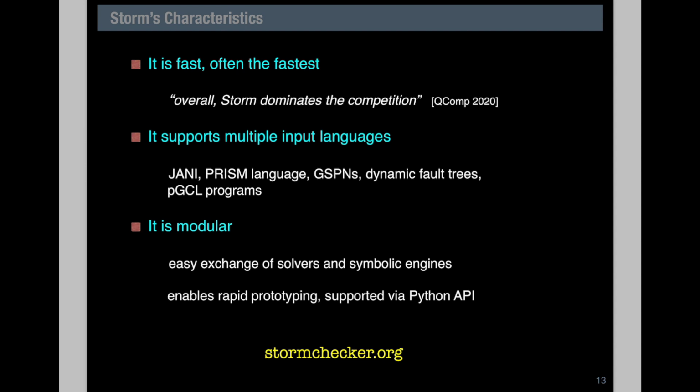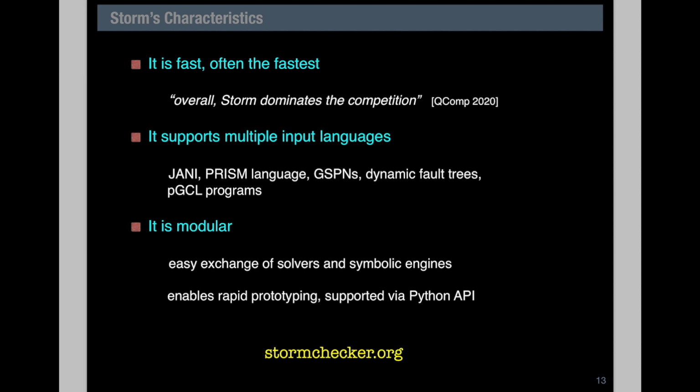If you're interested in using another solver, you can plug in another solver. And the second important consequence of the modularity is that it enables rapid prototyping. We provide a Python API via which you can access the several modules inside Storm, and that can then be used to build your own tool on top, reusing the components that have been implemented in Storm.